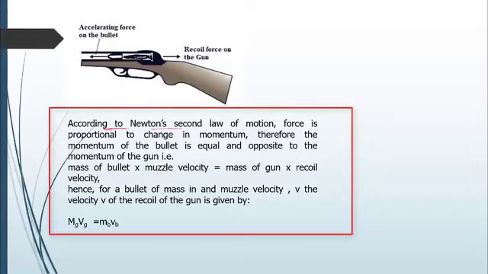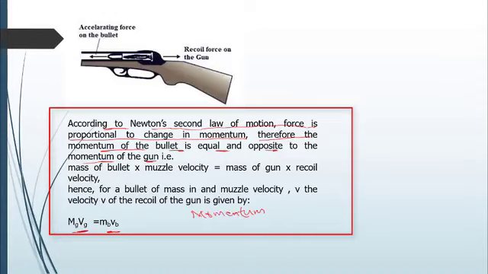Now, according to Newton's second law of motion, force is proportional to change in momentum. Therefore, the momentum of a bullet is equal and opposite to the momentum of the gun. As you can see from the equation we have here, mass times velocity is the derivation for momentum.